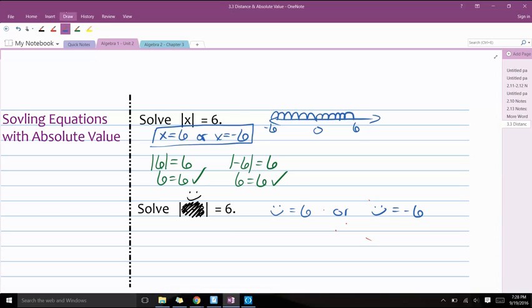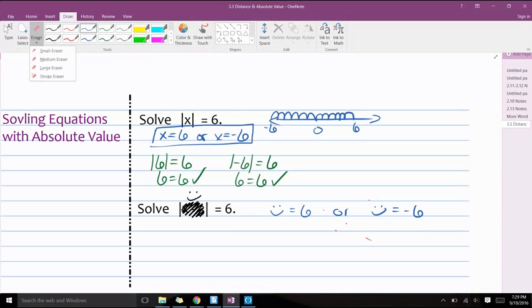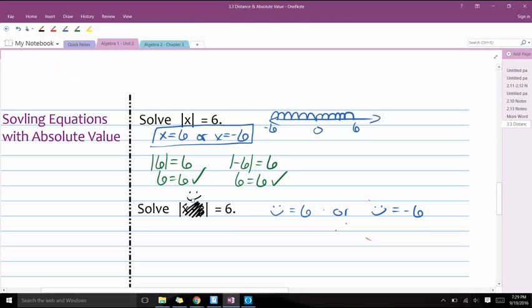Okay, well, as we all know, it's not a smiley face. It's actually an expression. So that whole expression must equal 6 or negative 6. So we set up the equations x minus 3 equals 6 or x minus 3 equals negative 6, because again, we want our end result to be one of those to take the absolute value.